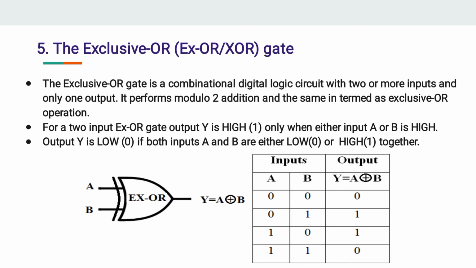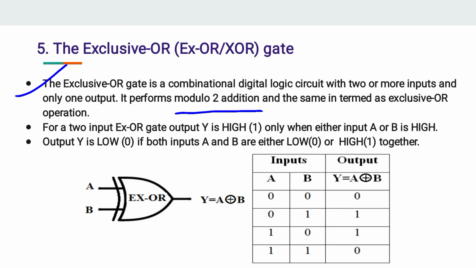The next gate is the exclusive OR gate or XOR gate. The exclusive OR gate is a combinational digital logic circuit with 2 or more inputs and only one output. So the main operation behind the XOR gate is modulo 2 addition.